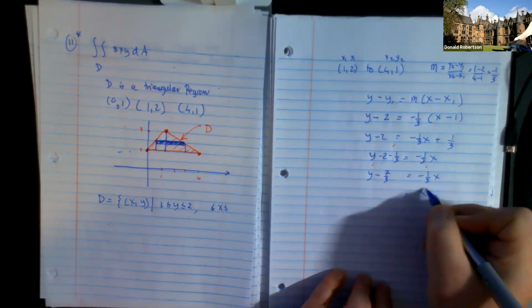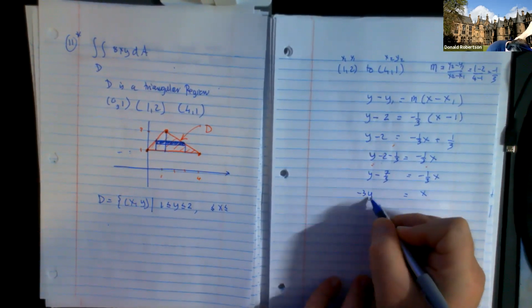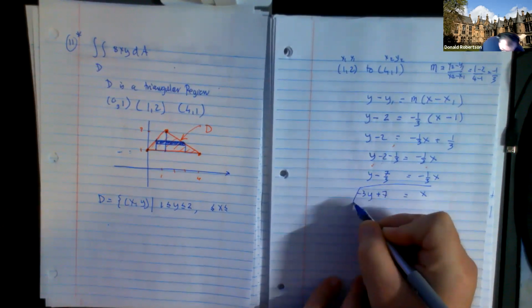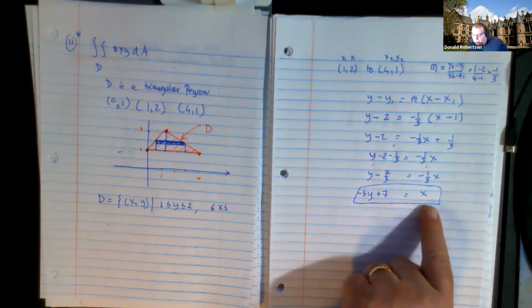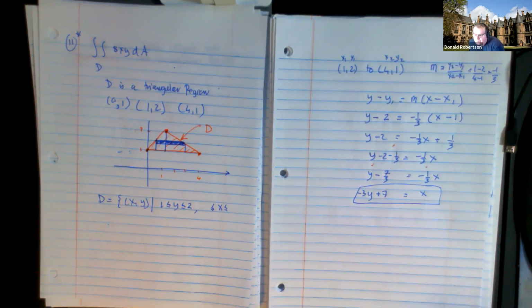Multiply everybody by -3. Have you noticed that I have not created the equation of the line in its standard y equals form, but I've created the line in its x equals function of y form?